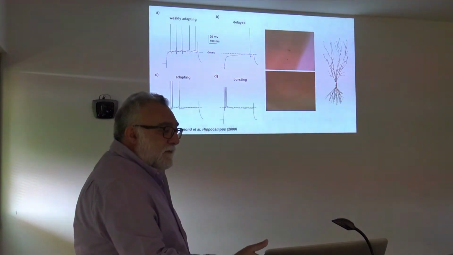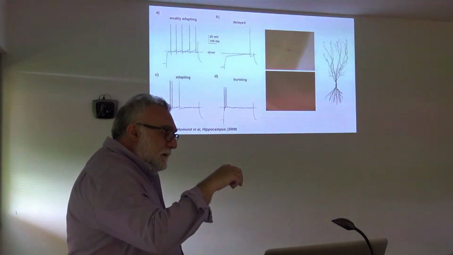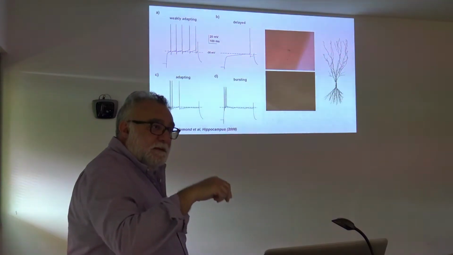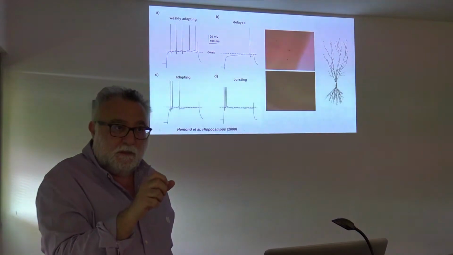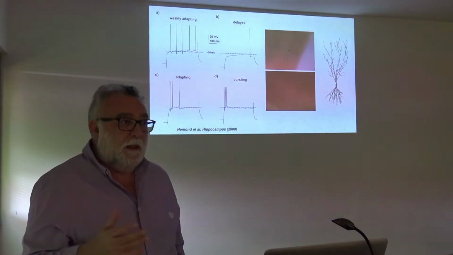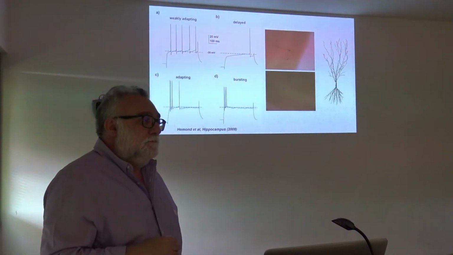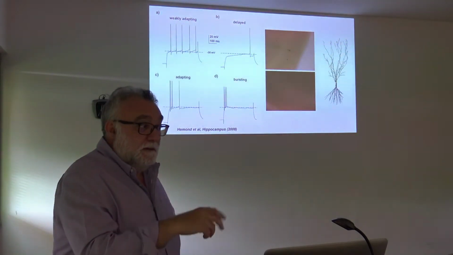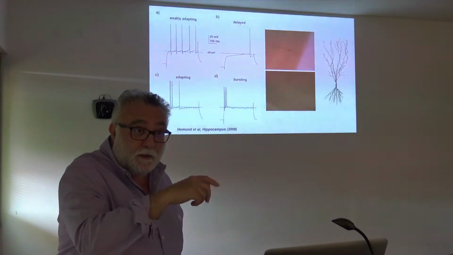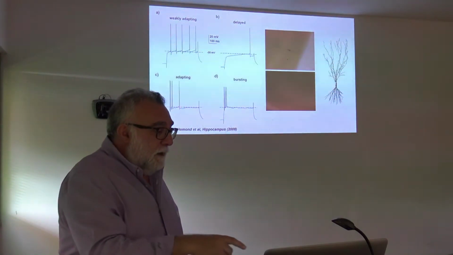And they found that if they record from different cells, not only is there some variability in the recordings, which is normal, okay? But there are quantitative differences between one recording and another, even if they record from the same neuron after 10 minutes.